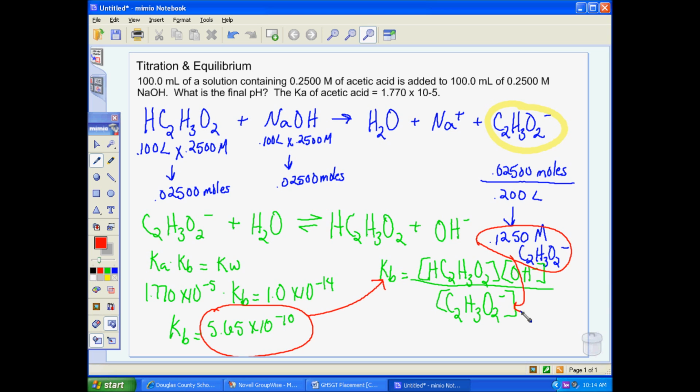And that leaves us with this acetic acid concentration and the hydroxide concentration expressed as X, because this reaction is 1-to-1. So you're going to get the same amount of each one, and we're going to let that be our X. So when you plug it in to the formula, you should get 5.65 times 10 to the negative 10 is equal to X squared divided by 0.1250.